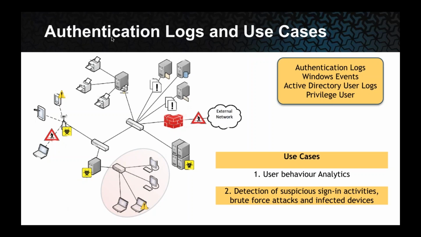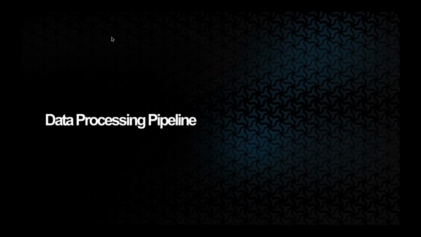Now, each of these is a very detailed topic, and I can't get into each log. But later on, I will show you a few demos which leverage some of these data sources. So let's talk about a more generic pipeline.